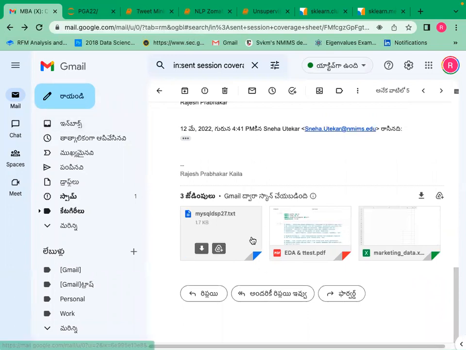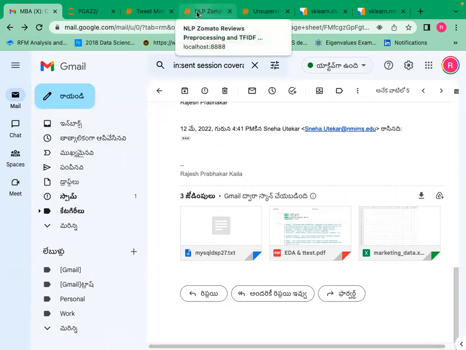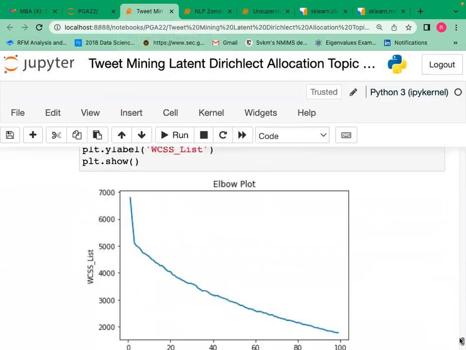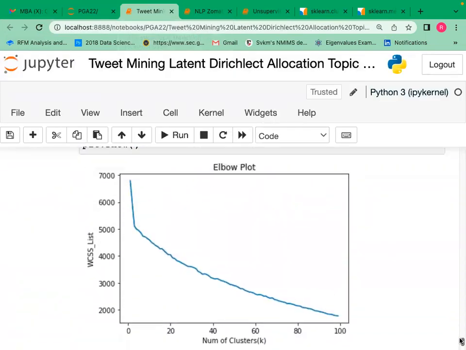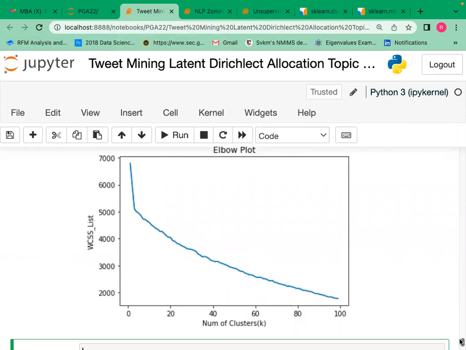Okay, anybody got the output for 100 clusters? Great. So 100 clusters also, it is not becoming a straight line.